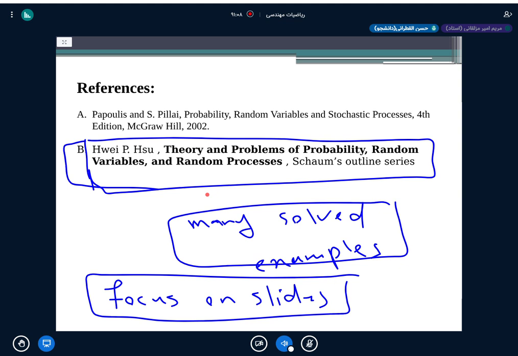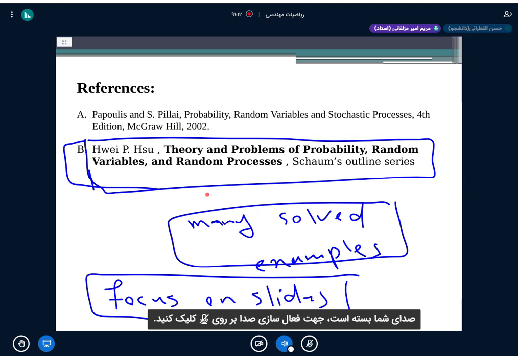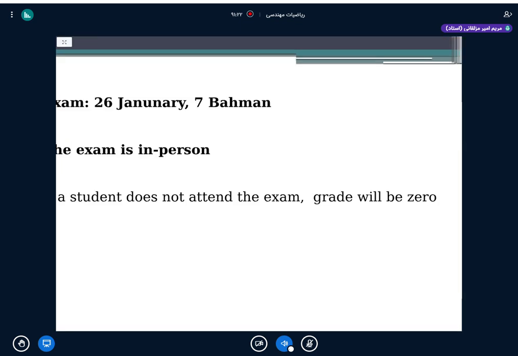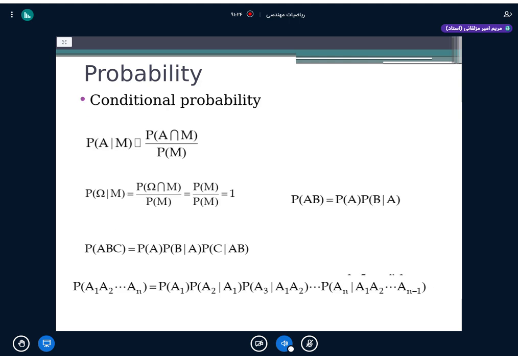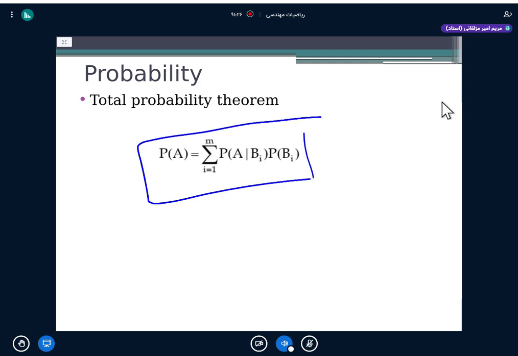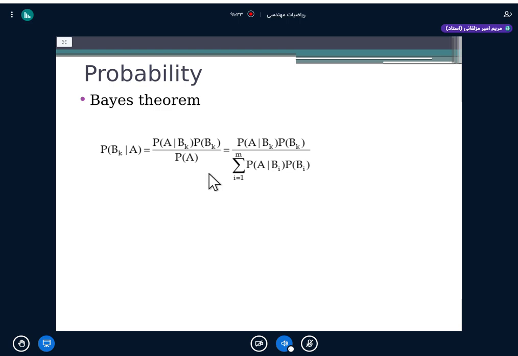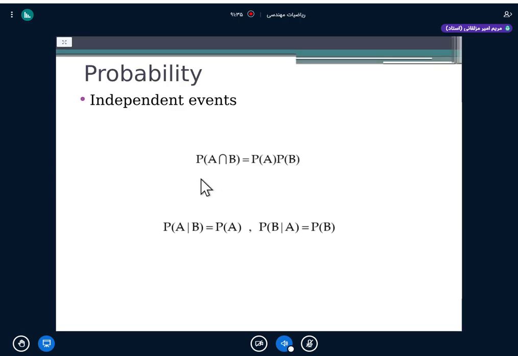We don't care about the exercises in this book. As I said, first of all, you should focus on the slides and the subjects that I explained in the class. For example, what is the total probability theorem, what is the proof of this equation, what is the Bayes theorem, what is the proof of this equation.